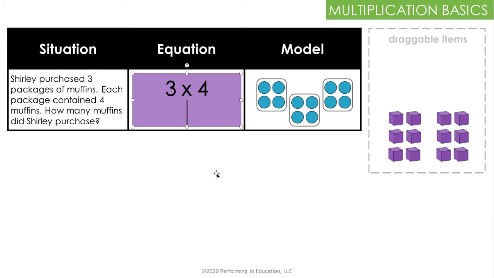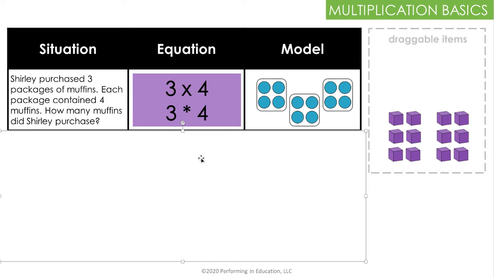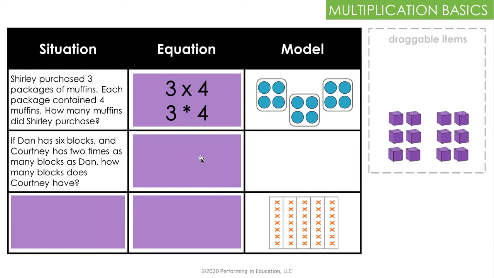So it would look like this: 3 Shift 8 4. That also means times. So instead of using the letter X, you could always use this asterisk to show times if you want to.